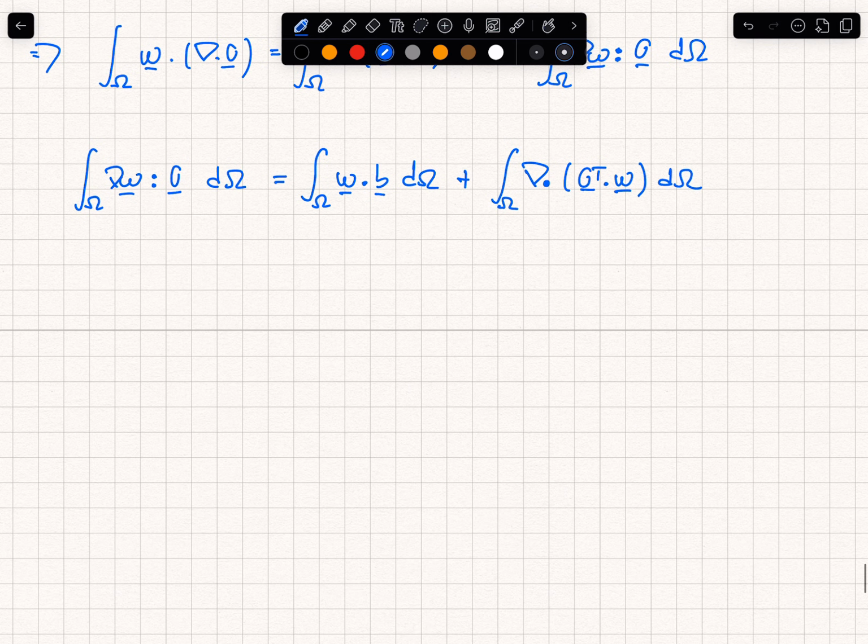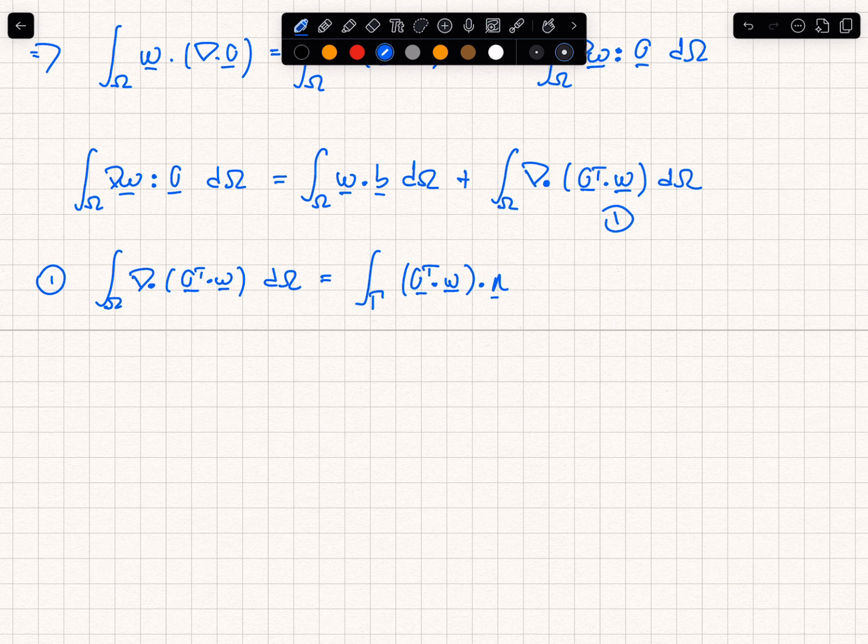So let's call that 1, and this guy here is going to be equal to an integral over the boundary, and basically we take everything that we're taking the divergence on, and we multiply that by the normal.